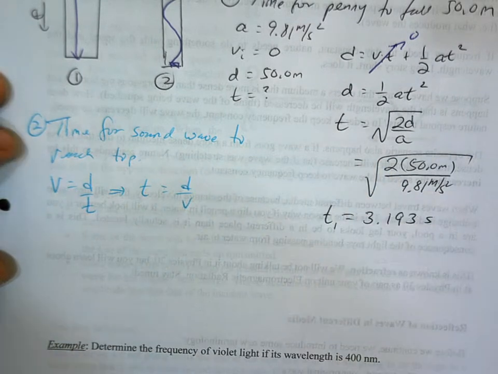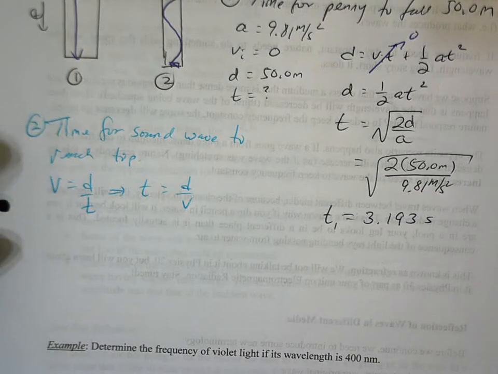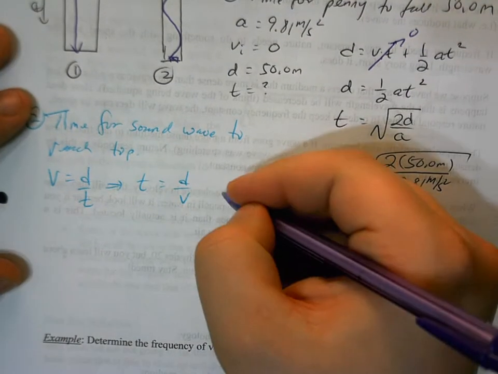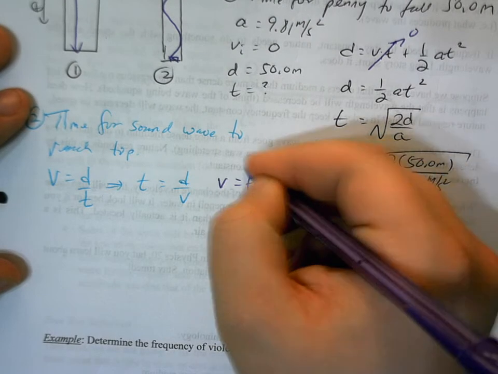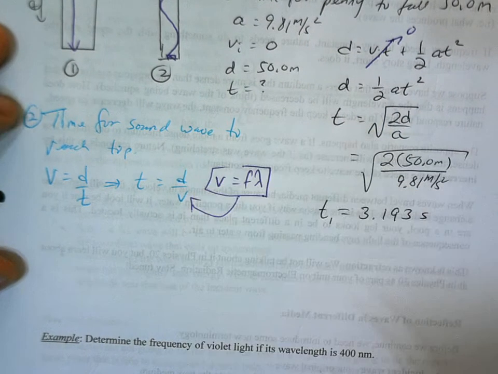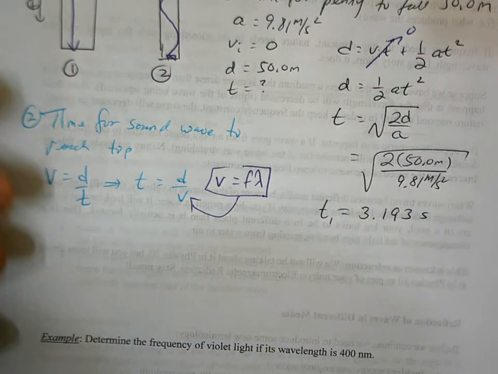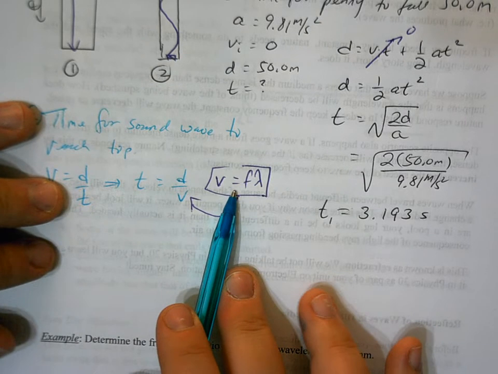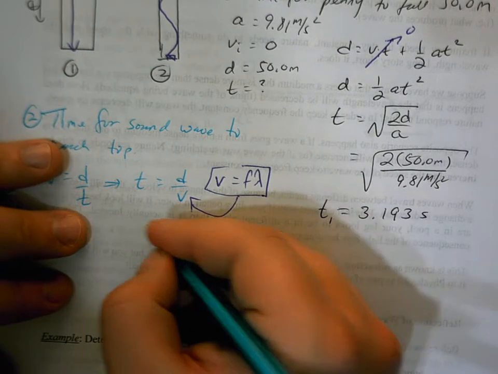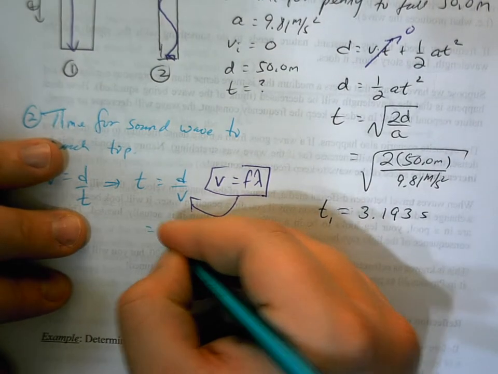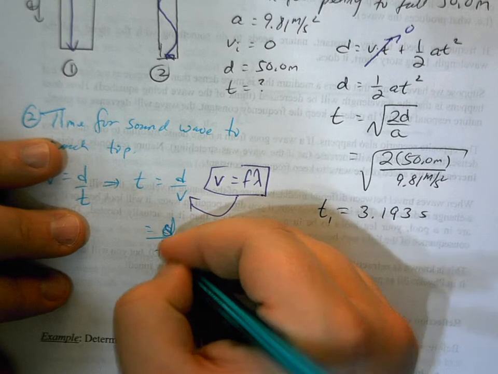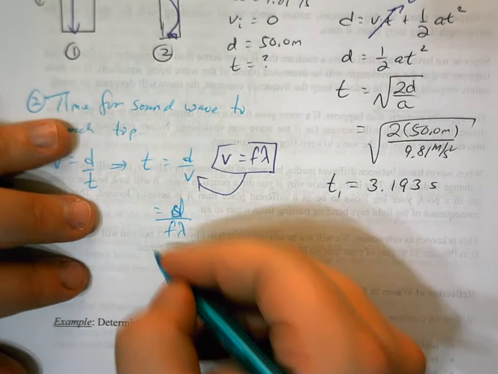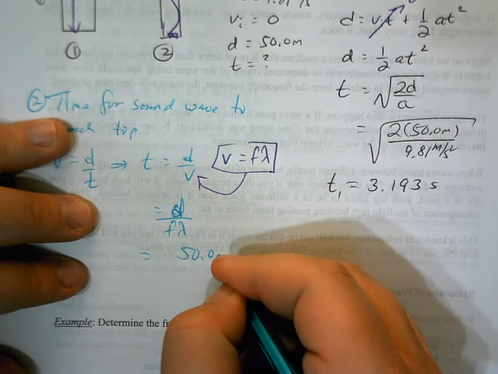So time is going to be the distance divided by the speed. Now, we don't know the speed, but we also know for waves, v is equal to f lambda. So we can plug that in there. You could calculate the speed first. That certainly could work. So we know that we have this distance that this has to travel divided by the frequency times the wavelength. So this thing is going to travel 50 meters.